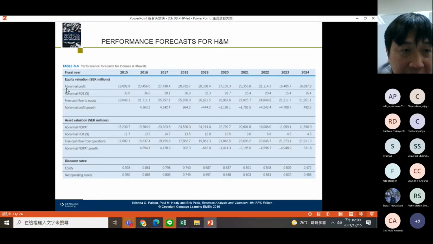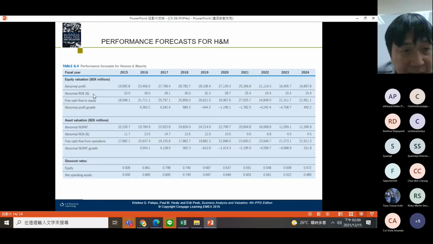So this is HMM's abnormal profit: in 2015 it is 19,092, in 2016 it is 2356, and last year 1697. And there is the description of the 10 years of abnormal profit.